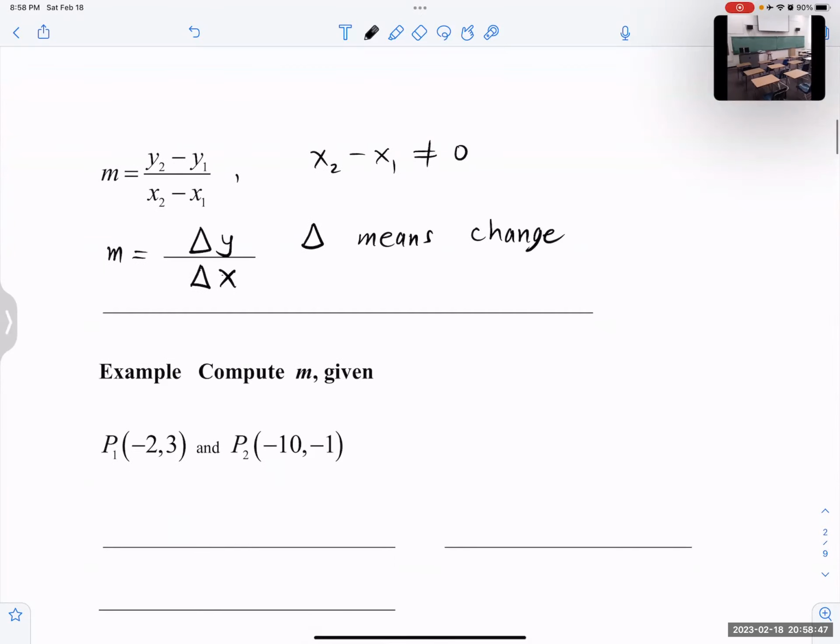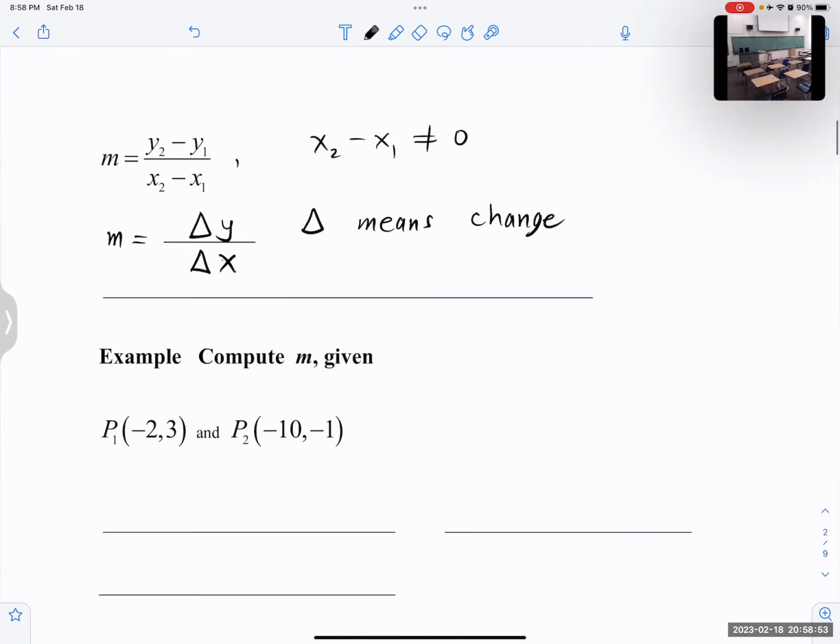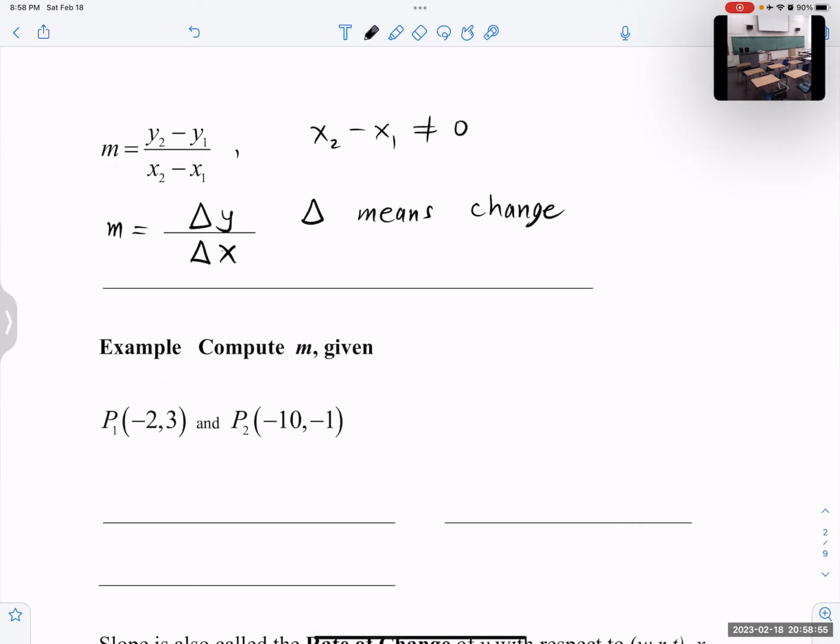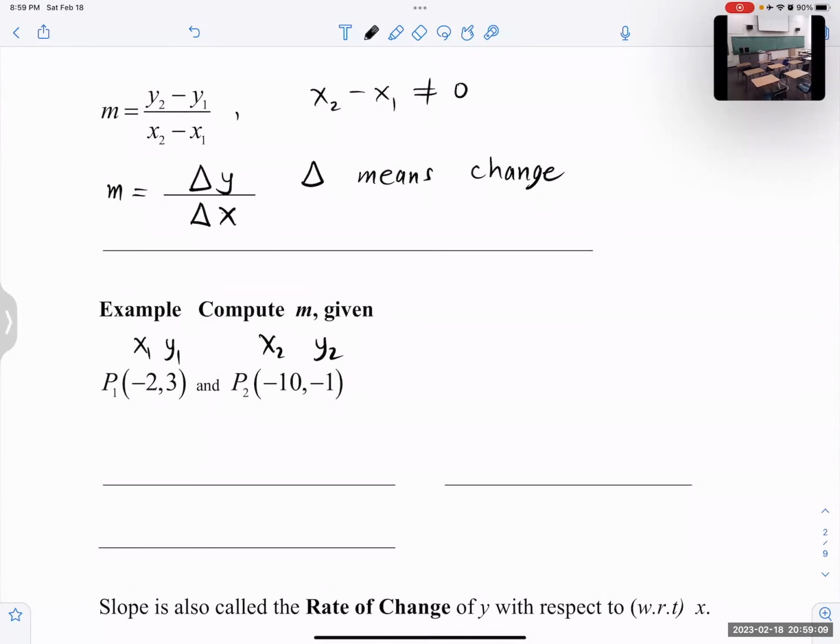Example, compute the slope given 2 points P1, coordinates -2, 3, and a second point, coordinates -2, -1. And we can label these coordinates x sub 1, y sub 1, x sub 2, y sub 2. And applying the slope formula, the slope of the line that contains these 2 points is, substitution, -1 minus 3 divided by -10 minus -2.